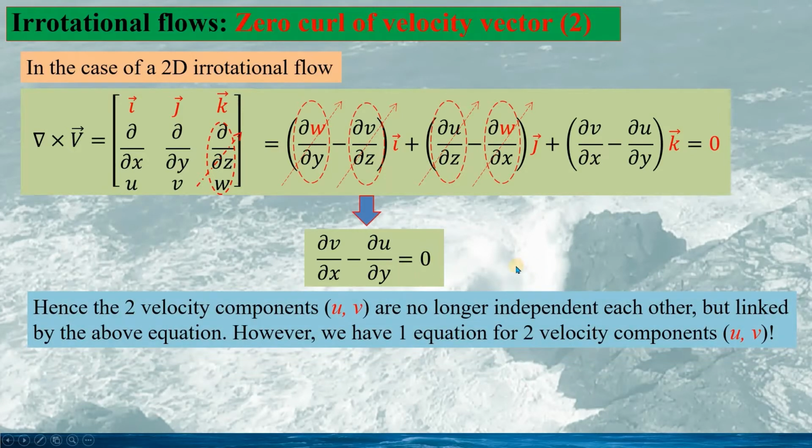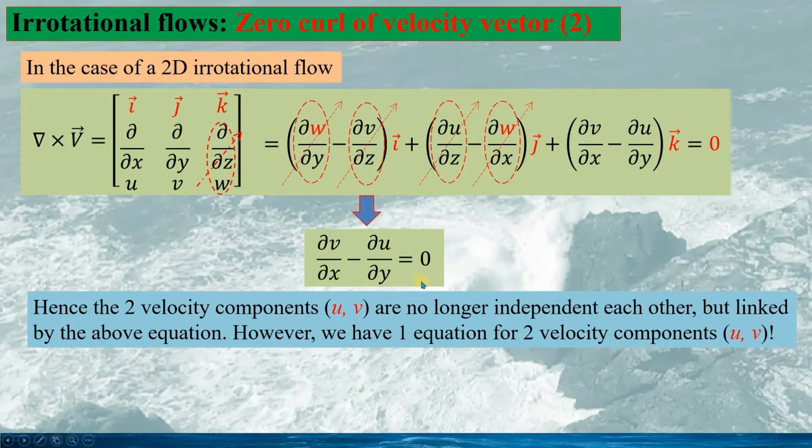So we can see in the 2D case, we have two velocity components, u and v, and they are no longer independent of each other, but linked by this equation. Here, we can see we have only one equation for two velocity components.